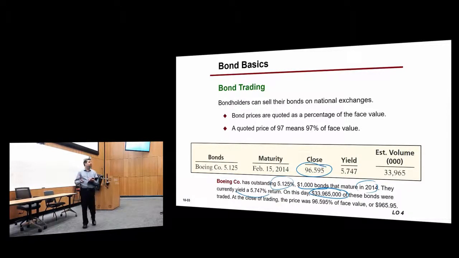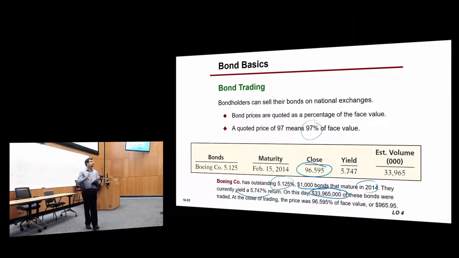Multiply that by how much it was sold for. So let's say if it is 97%, that would be $970. So the actual trading price was not $1,000 for the bond. It was 970. It could be, for example, 965.95.